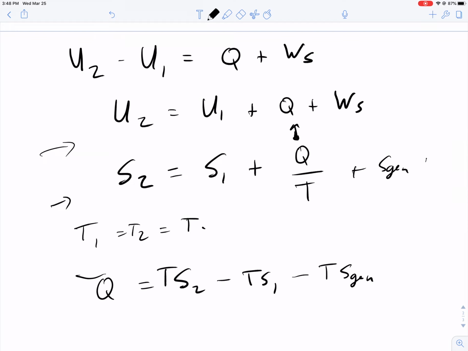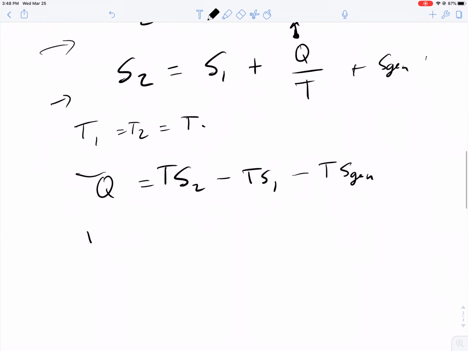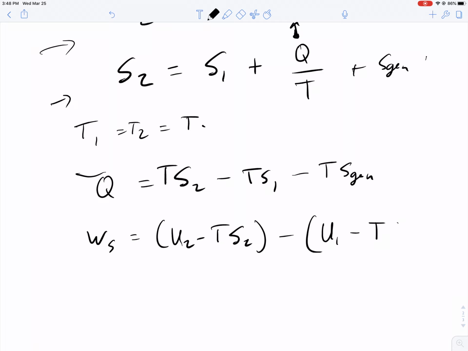Okay, so if we take these terms away now, and we substitute this into our energy balance equation, we'll end up with the equation, if we rearrange for WS, is equal to U2 minus TS2 minus, in parentheses, U1 minus TS1, plus TS-gen.